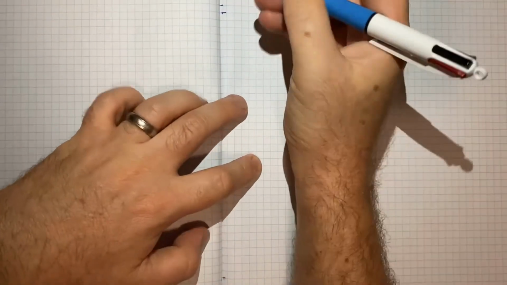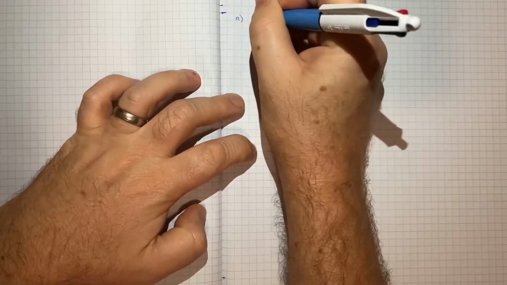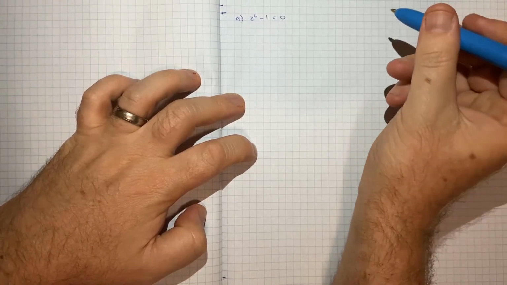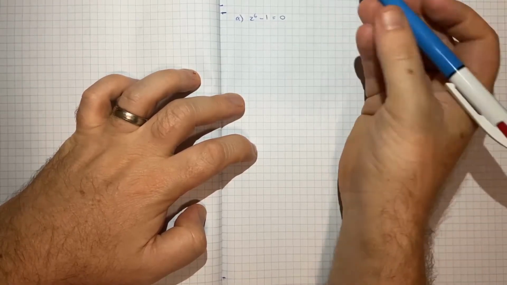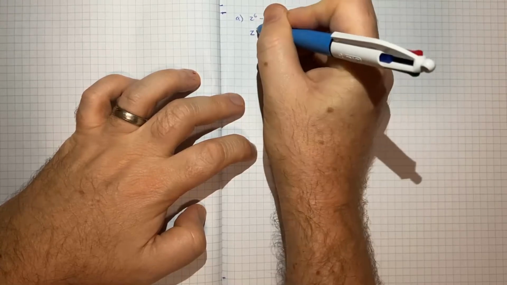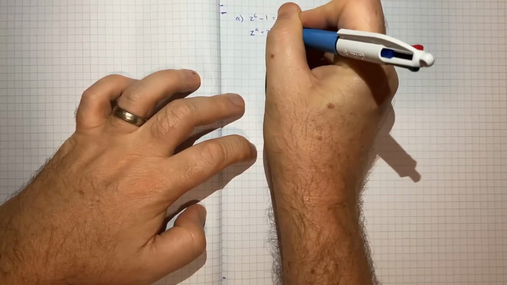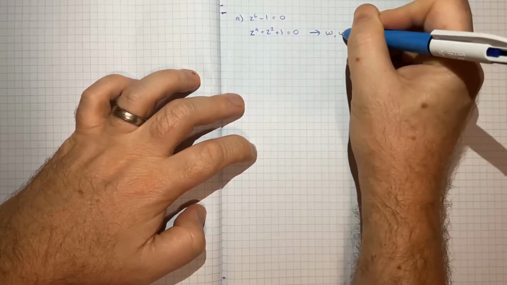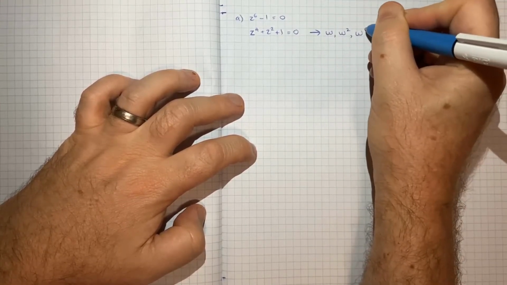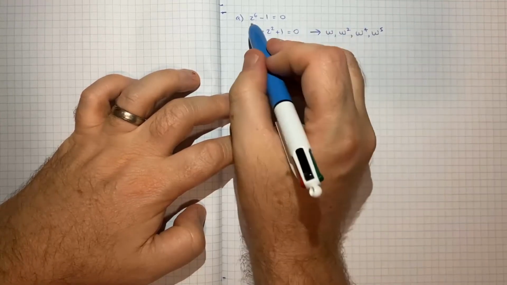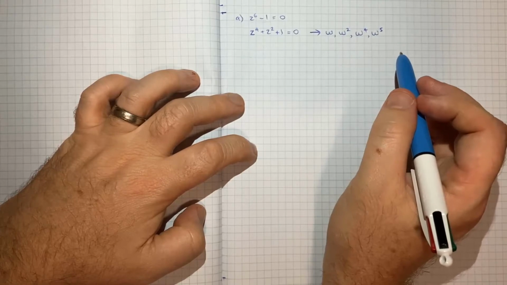So if I just write out for part A, we're looking at z to the 6 minus 1 equals 0. We know that that will have 6 roots. We want to prove that z to the 4 plus z squared plus 1 equals 0 has the roots w squared, w to the 4, and w to the 5. So we need to factor this.